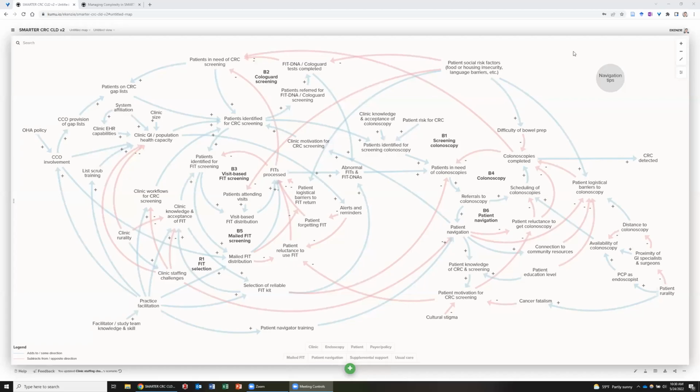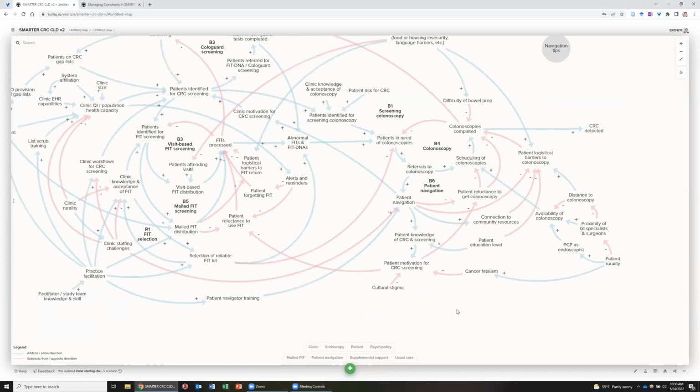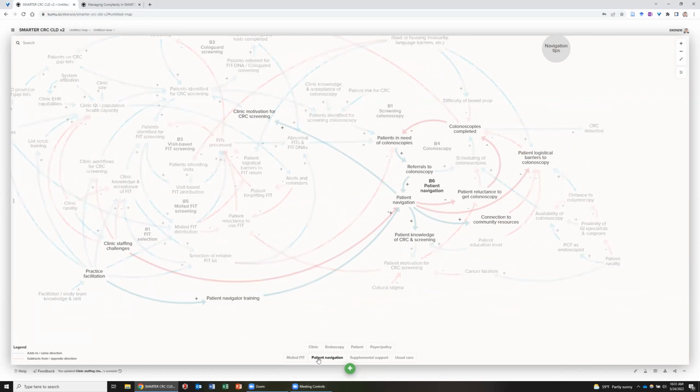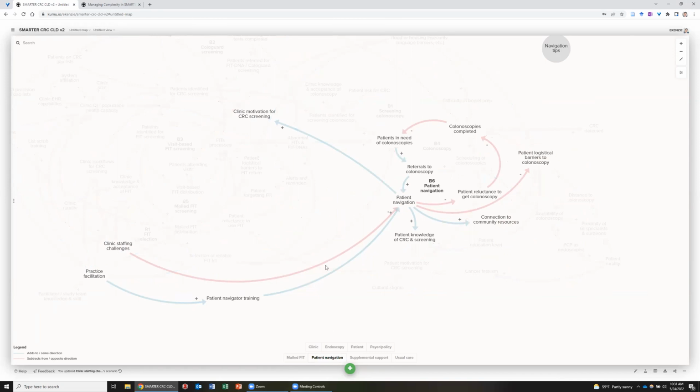So as I was listening to my own presentation, I realized I should have given a bit more detail on exactly how, an example of how these sorts of diagrams can be helpful within implementation. For example, I mentioned the patient navigation intervention that we're looking at.